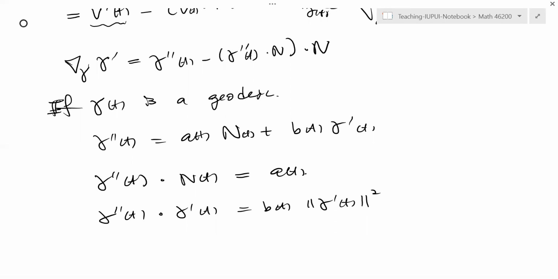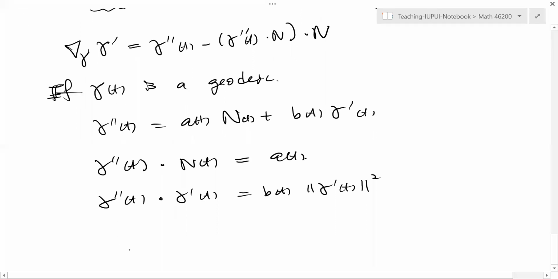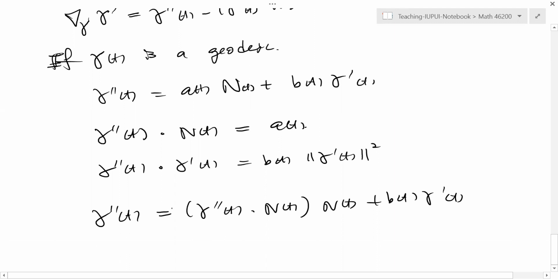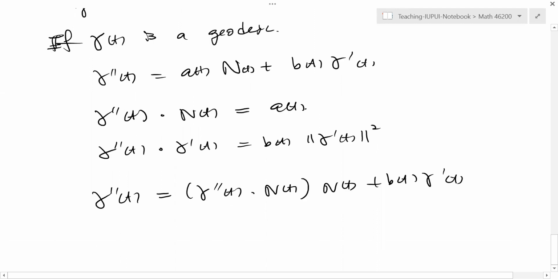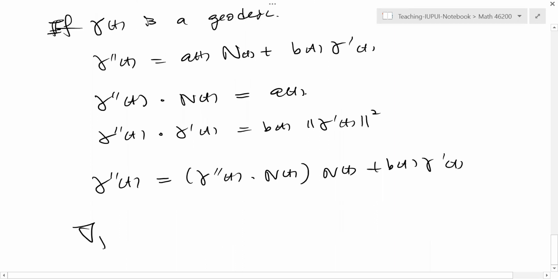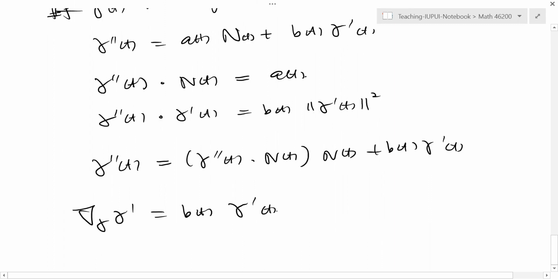So that means gamma double prime equals gamma double prime(t) dot n(t) times n(t), plus B(t) gamma prime(t). So the difference is going to be B(t).